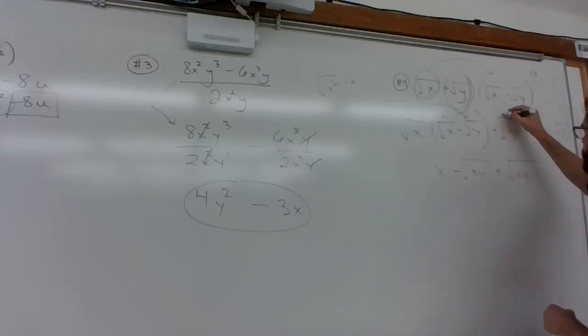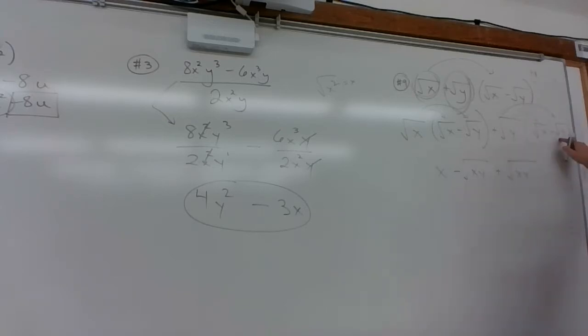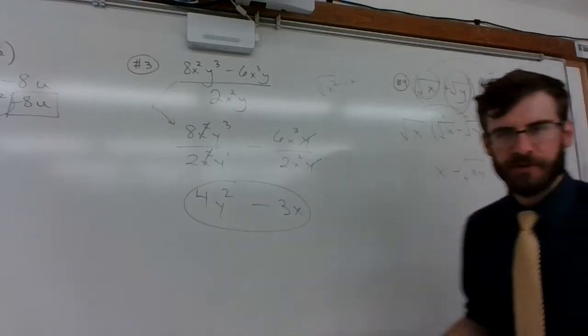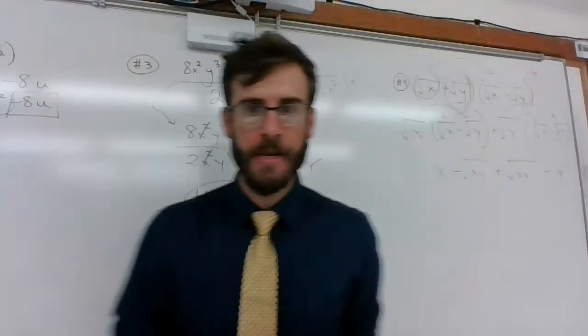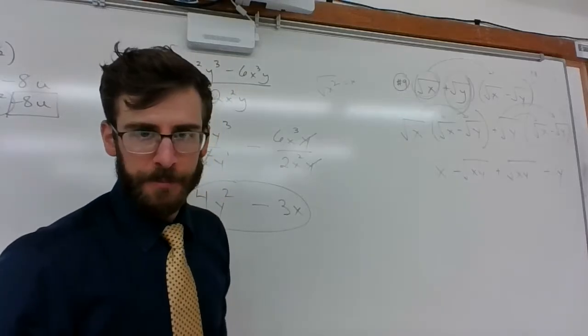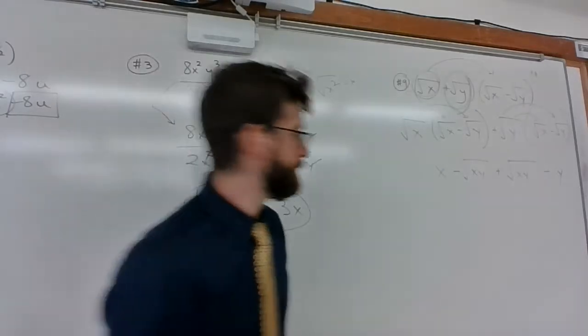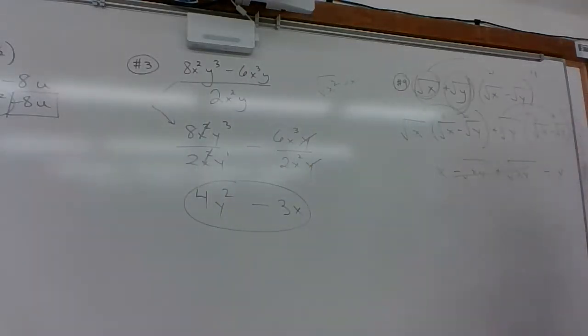And then when you have root y times negative root y, you get negative y. Kind of the same reason why the root x squared became an x. Notice something? Middles cancel. So you're just left with x minus y.